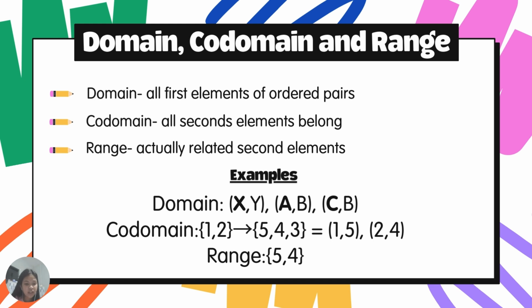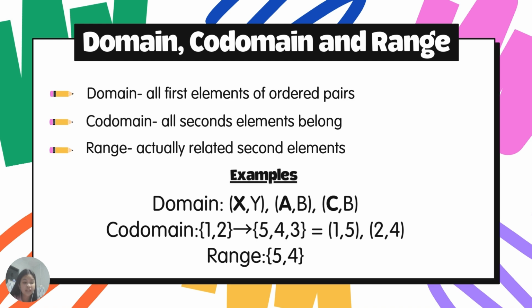The codomain examples right here are the 1, 5, 4, and 3. So this is our codomain. But what we use with a pair of input are the 5 and 4. Those numbers are what we can call the range.